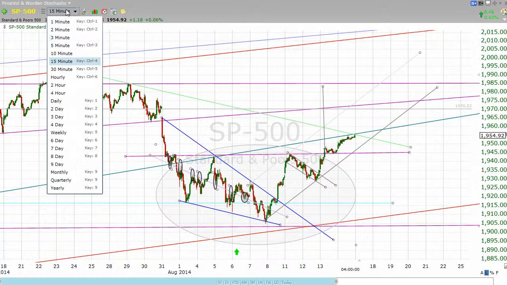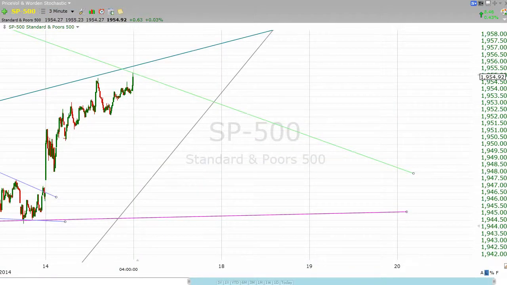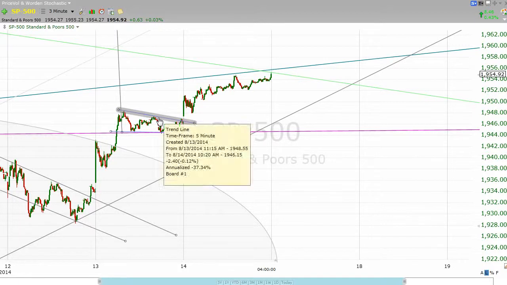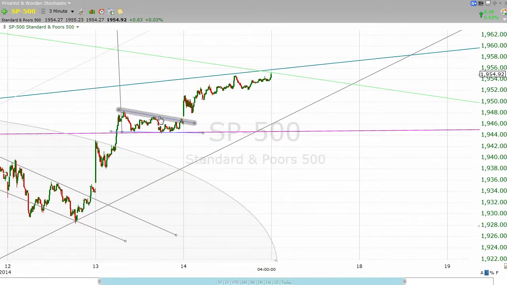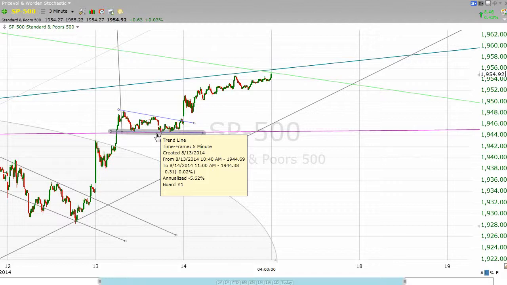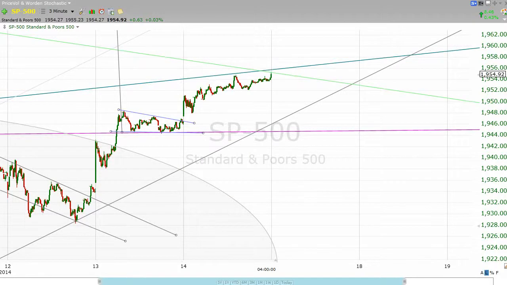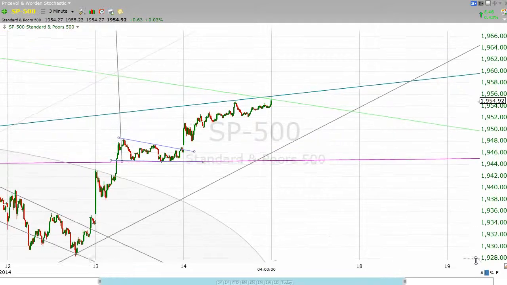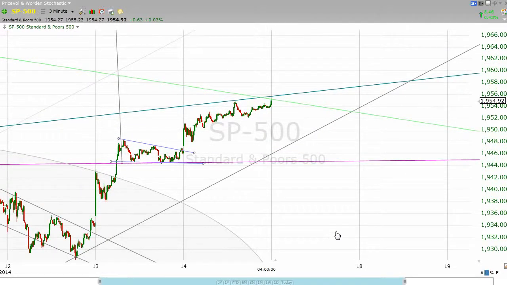If we look at the 3-minute chart, nothing really much to be revealed other than this did work out yesterday as a bull flag. Other than that, we've got to get over this little area right here before the S&P is going to be able to run. And let's see if we can do that tomorrow.